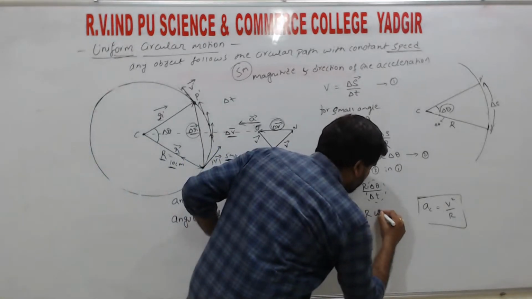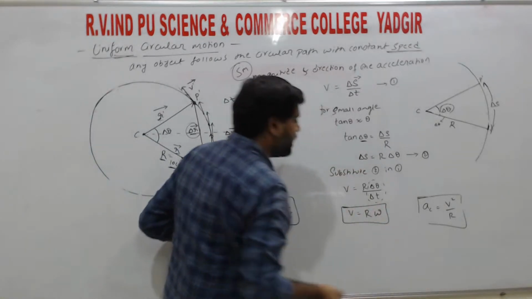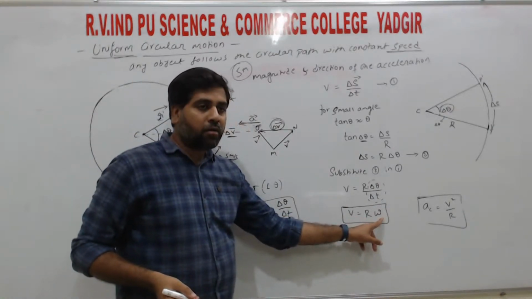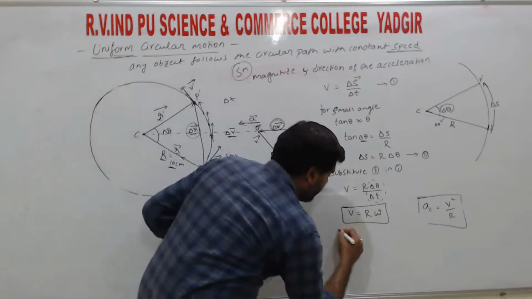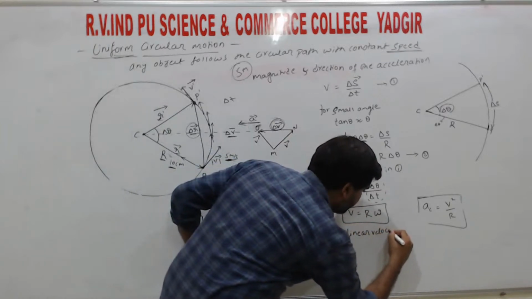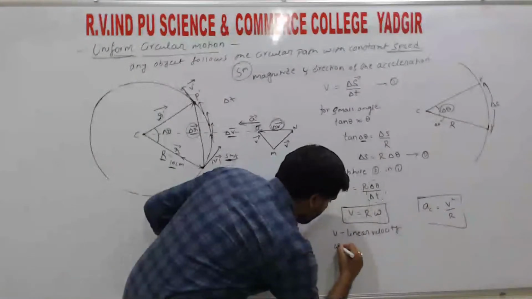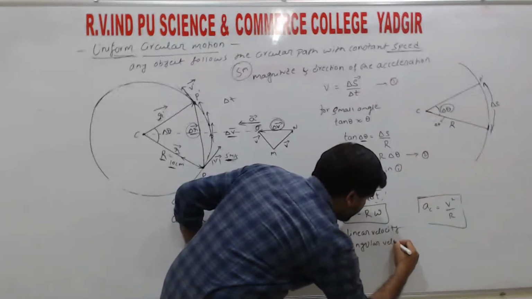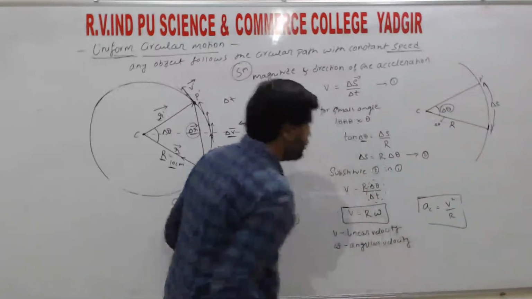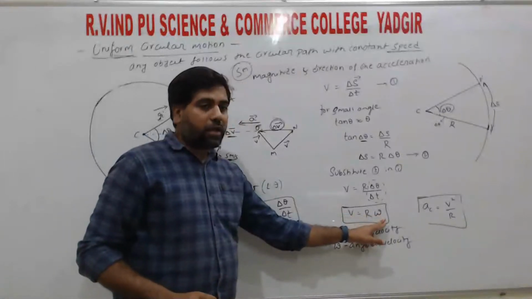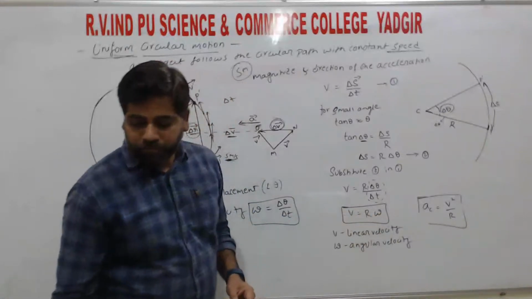So v is equal to r into omega. This gives the relation between the linear velocity and the angular velocity, where v is the linear velocity and omega is the angular velocity.